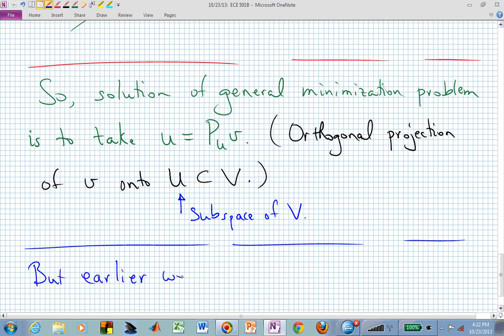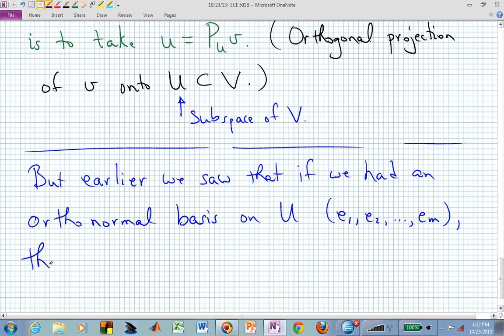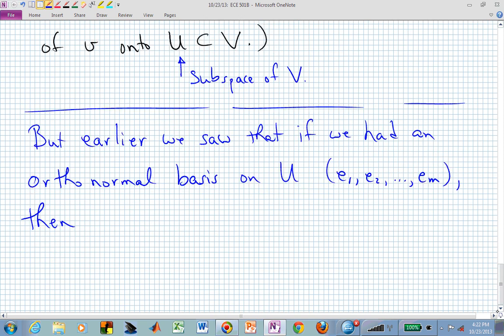But earlier we saw that if we had an orthonormal basis on U, and let's say that's made up of these m vectors, e1 through e sub m, then we know that the orthogonal projection of V onto U is now a bunch of inner products.